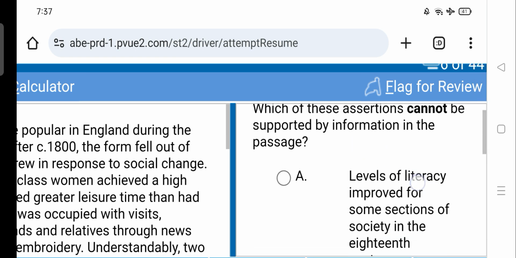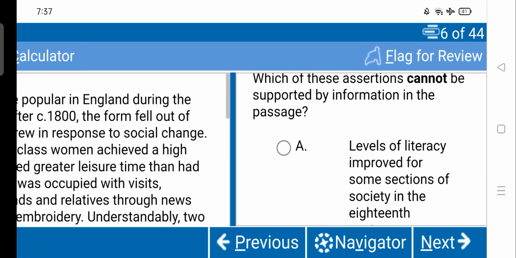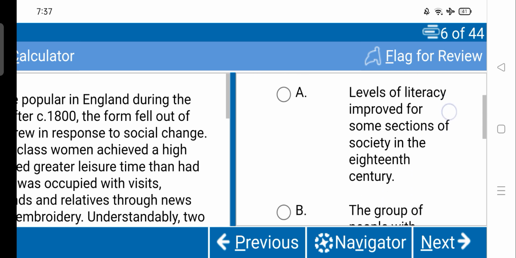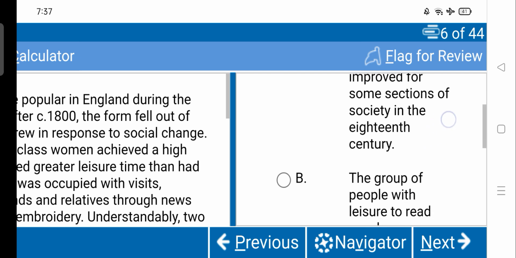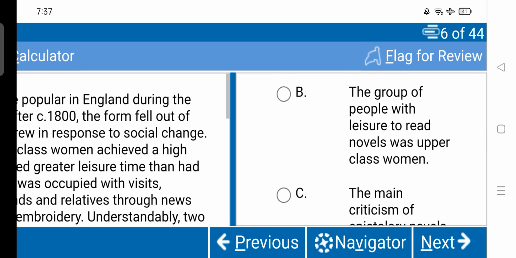Which of these assertions cannot be supported by information in the passage? Option A. Levels of literacy improved for some sections of society in the 18th century. Option B. The group of people with leisure to read novels was upper class women.